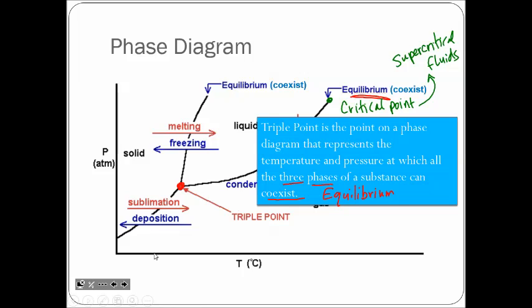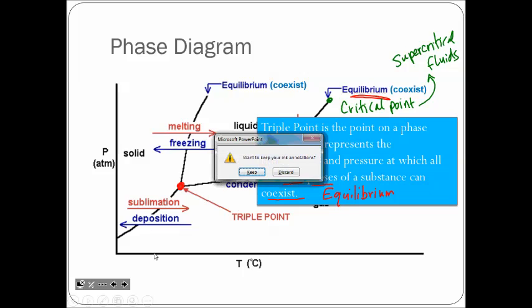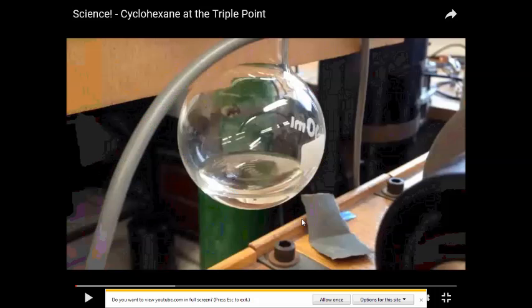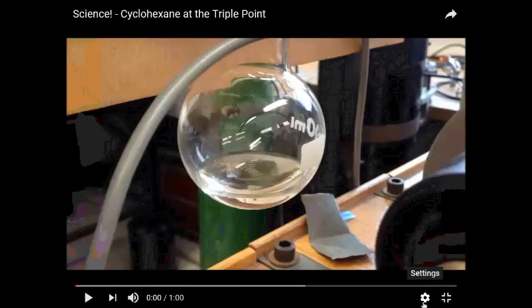Okay? So right now, I'd like to show you a quick little video. Okay, if you take a look here, watch what's going to happen. This round bottom flask is attached to a vacuum, so it can suck the pressure out and make it exactly what the pressure should be at the triple point, and the temperature is also what it should be at the triple point.